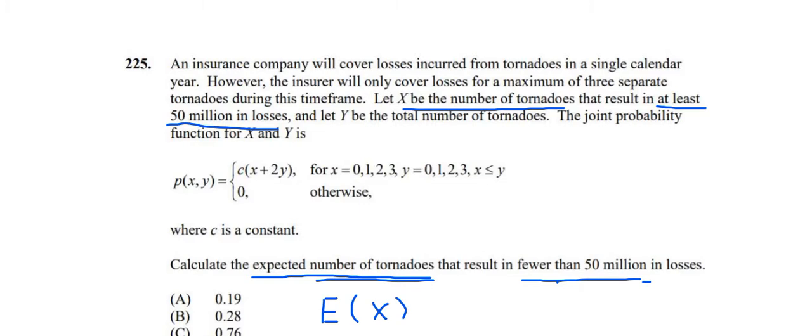Y is the total. So less than 50, I'm sorry, that is actually the total number minus X, more than 50. So less than 50 is the total minus X. We want to find this.